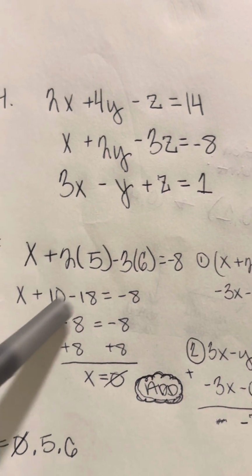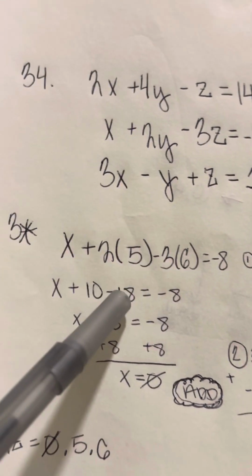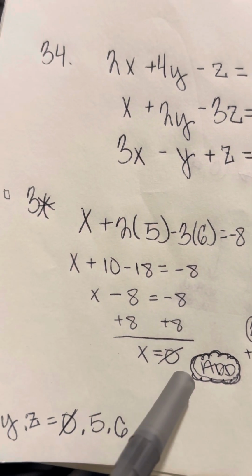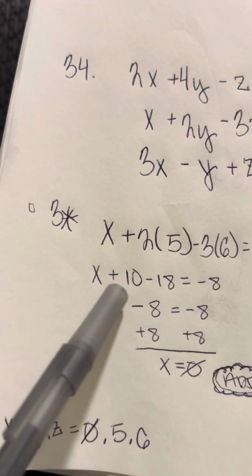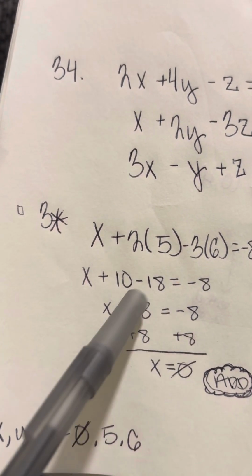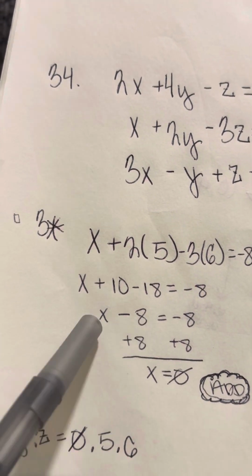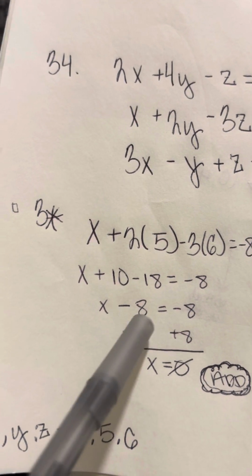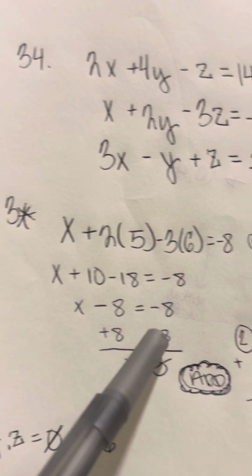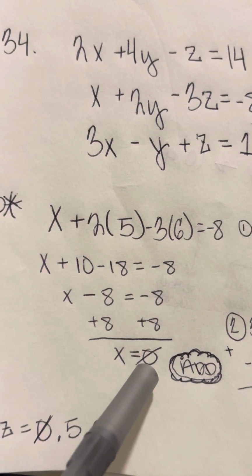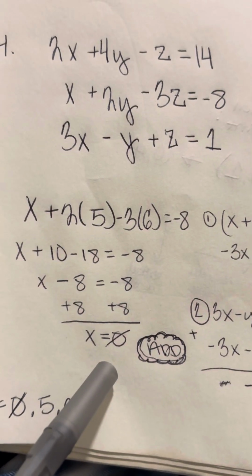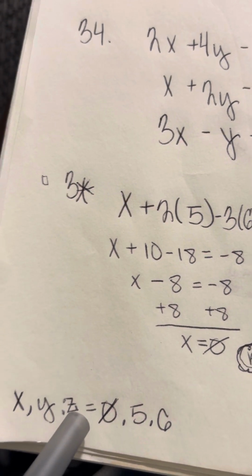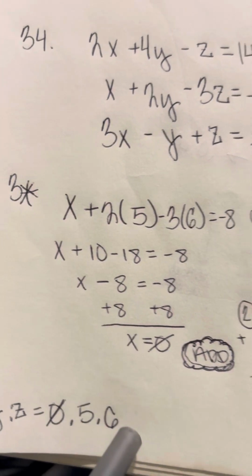Okay, so then we solve, we see how we get 10, negative 18, add this down until we end up seeing that x actually comes out to equal 0, okay, because we have 10 minus 18, which gives us negative 8. In order to get x by itself, we have to do the opposite, which would be positive 8, or adding 8 to both sides. Negative 8 plus 8 cancels out and gives us 0, okay? So our answer ends up being x, y, z equals 0, 5, and 6, okay?